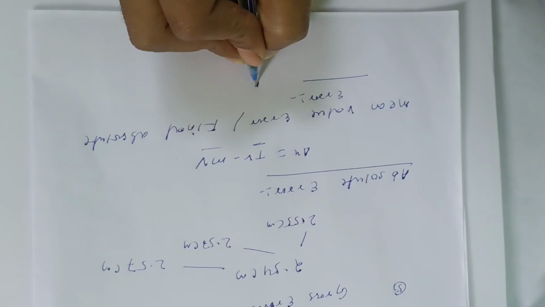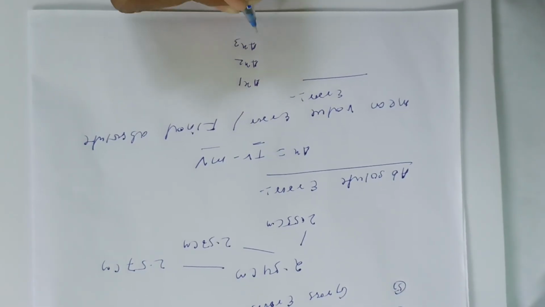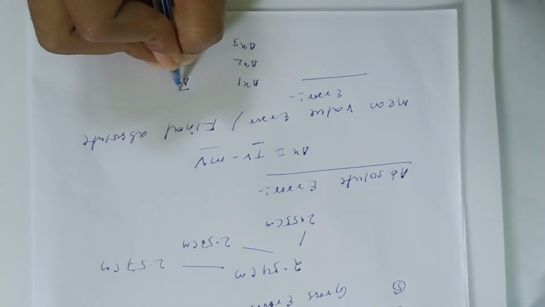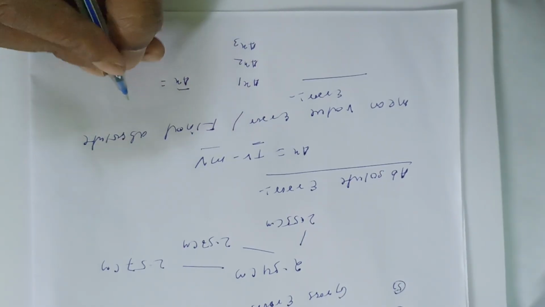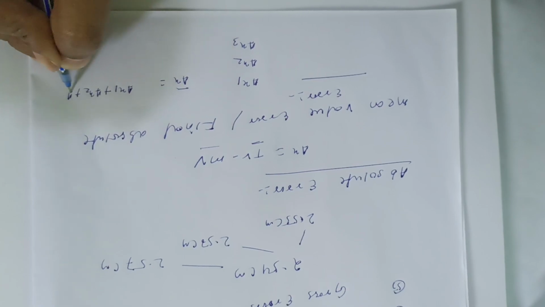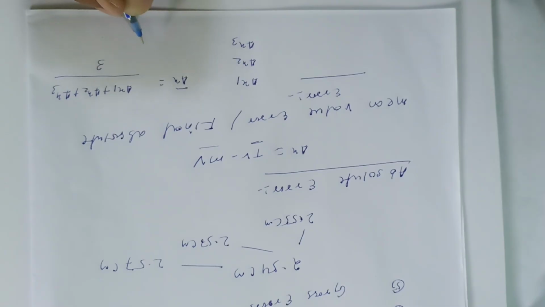Net errors del x1, del x2, del x3. So its mean value error is del x bar equal to del x1 plus del x2 plus del x3 by 3.